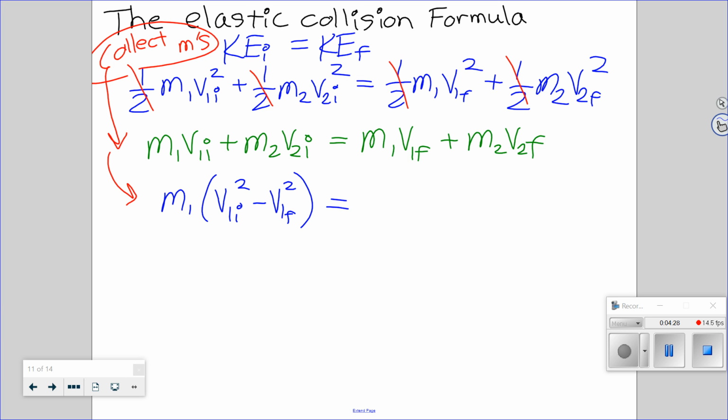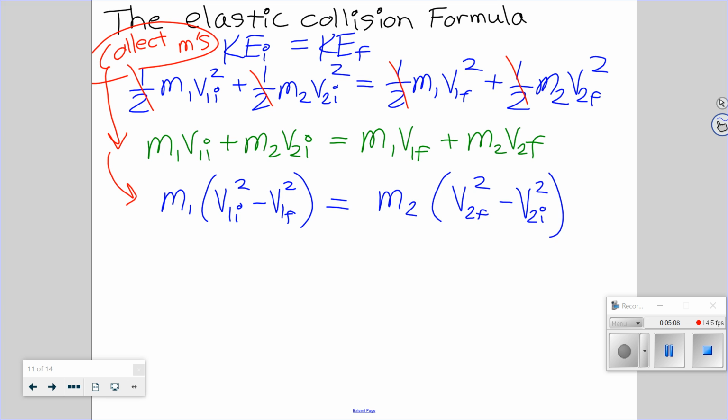Okay, and then I group the same thing with M2, and here, to not confuse you too much, this is V2 final squared minus V2 initial squared, because I subtracted my V2 term over to that side. Huh, now they look pretty nice and similar, except I have this minus sign in between. I'm not going to do it this step, but if I multiplied, I could factor out a minus 1. I could put the minus out here, and then those terms would flip around. I'm probably going to have to do that in the future.